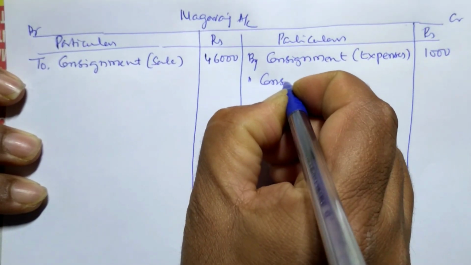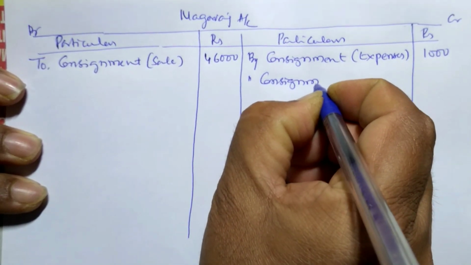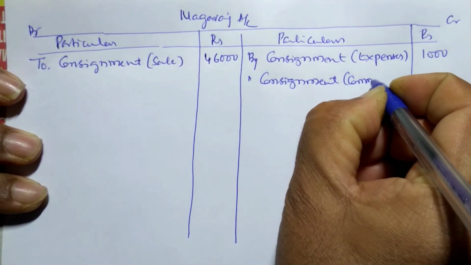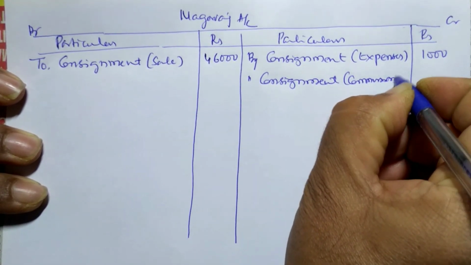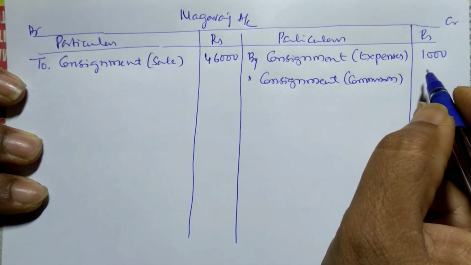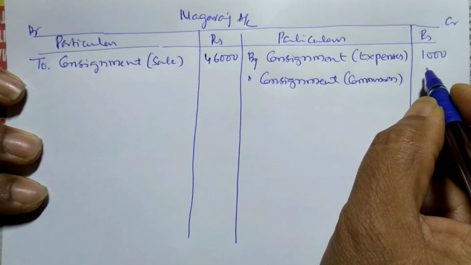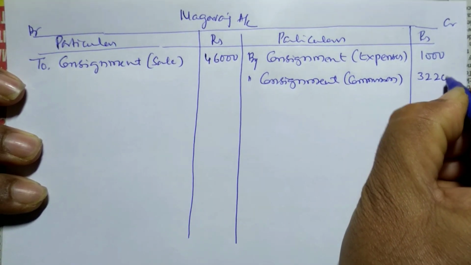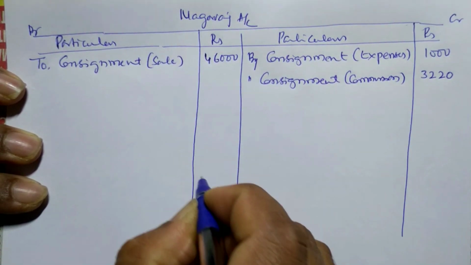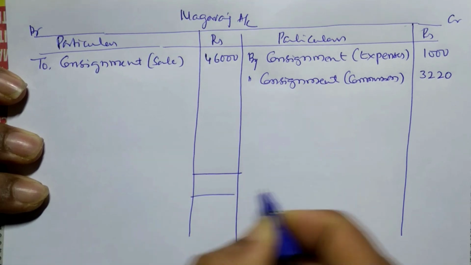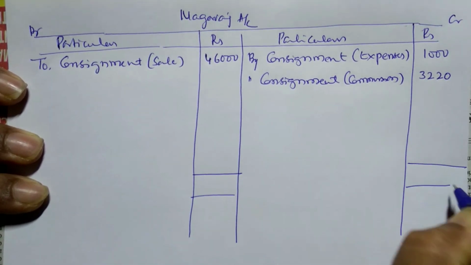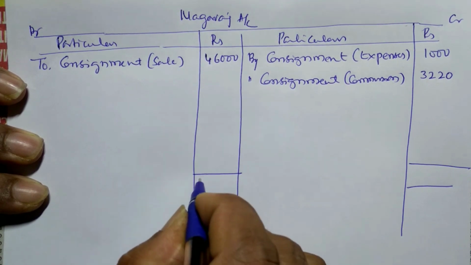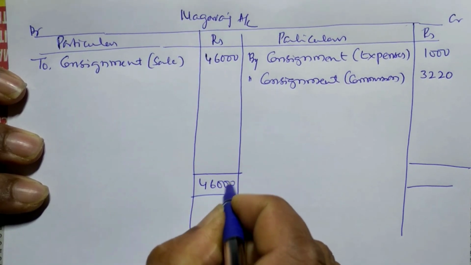Next, one more item relating to commission. Commission payable to Nagaraj by the consignor, that is 3,220. And the final amount is settled by paying to the consignor. 46,000 total.